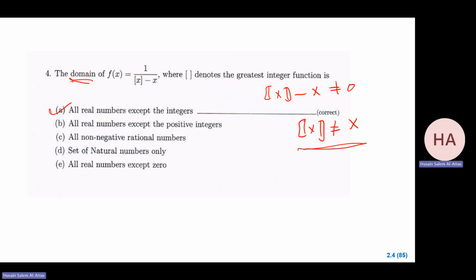If x is an integer, the greatest integer of x equals x. So I need to avoid the integers. So all real numbers except the integers, not the positive integers, not the rational. No, this is wrong. Not all real numbers except 0.